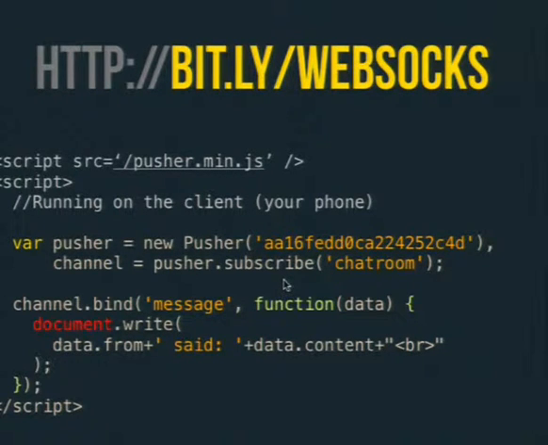A channel is effectively a named communication channel between the browser and the server. In this simple example, we're just going to have one channel, but if you had a big application, you might want multiple ones to separate different data. And then, pretty simple, we bind to events on that channel. This event's going to be called message, and then do something with the data. Here I'm just going to append it to your screen.